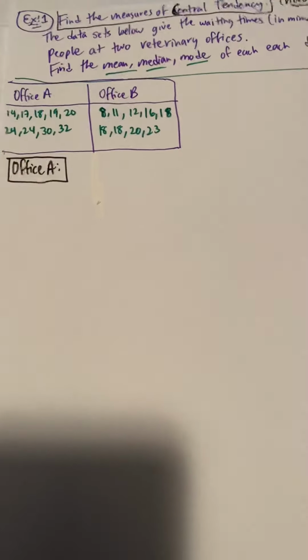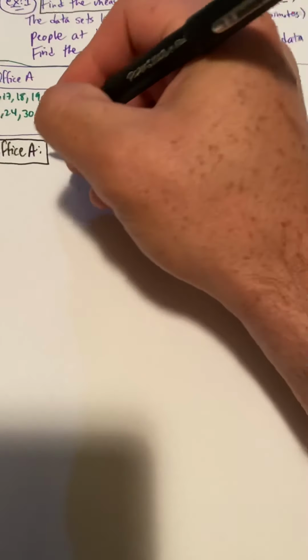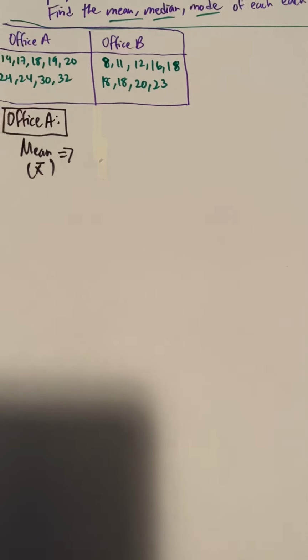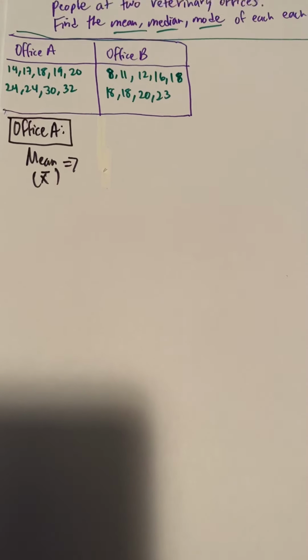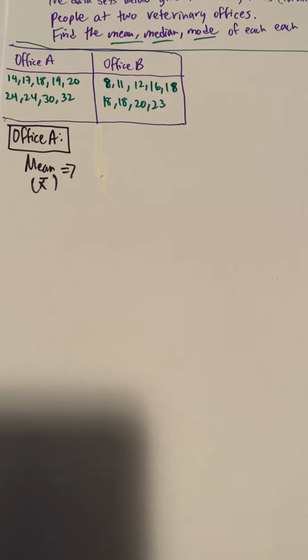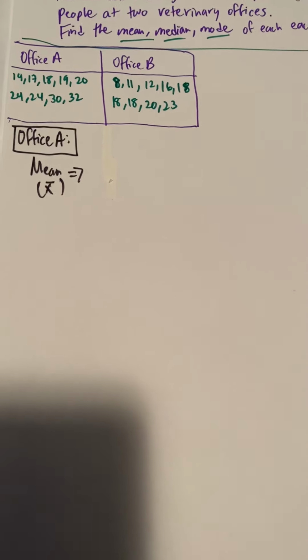Okay, so for Office A, we're going to find the mean first. The symbol for mean is X bar. So we're going to say X bar is equal to. And then how do we find the mean again? Well, we find the mean by adding all the data values and then dividing by the total number of values in the set.